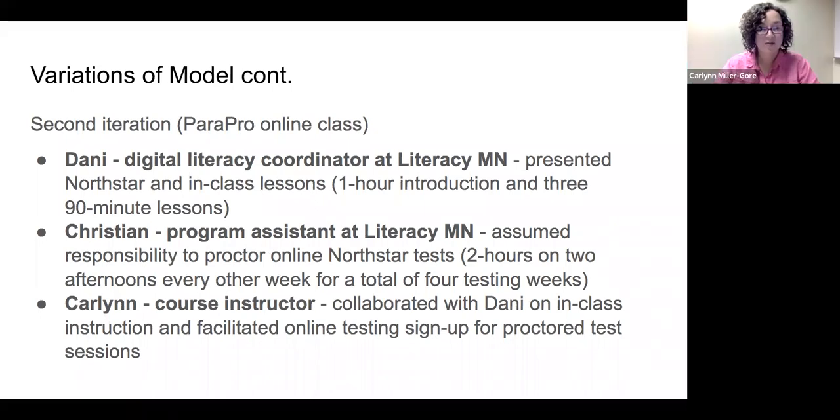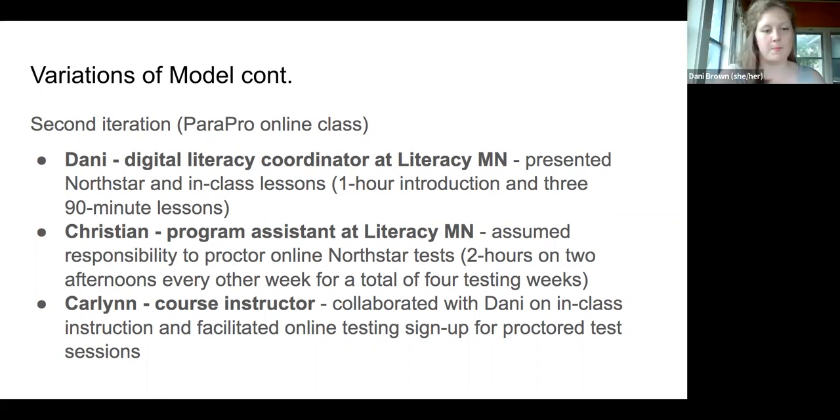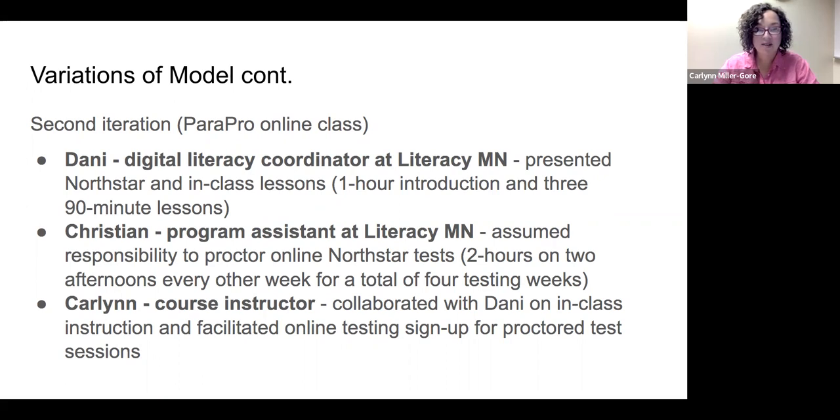And after that first session, we did change up the model a little bit. And there was another staff person at Literacy Minnesota, Christian, who's a program assistant. He was able to take on testing 2 afternoons a week for that proctoring role. And I'll just mention that as the instructor, my biggest challenge, like many of you responded in our poll, is time.